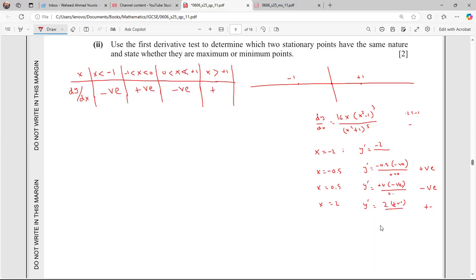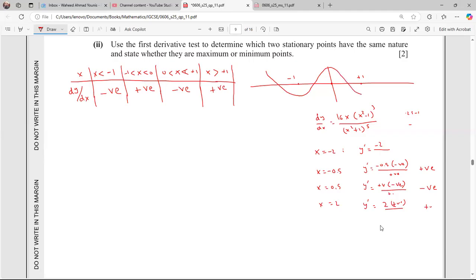So what does it mean? You see, when x is less than minus 1, the slope was negative, so it means the function was decreasing. And between minus 1 and 0, the slope is positive, so the function was increasing. And between 0 and plus 1, again, the derivative was negative, so the slope is negative.